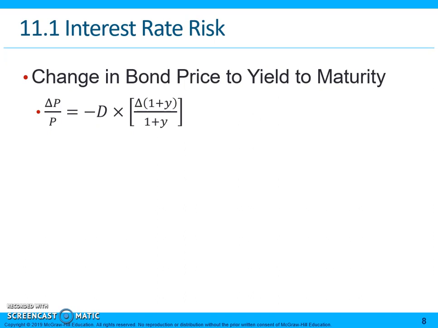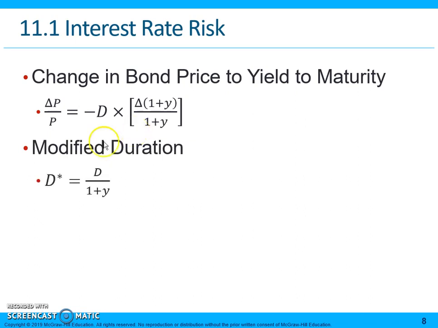But we can use duration to accurately predict small changes in price for small changes in yield. Modified duration, which we denote D star, is simply Macaulay's duration divided by 1 plus y.